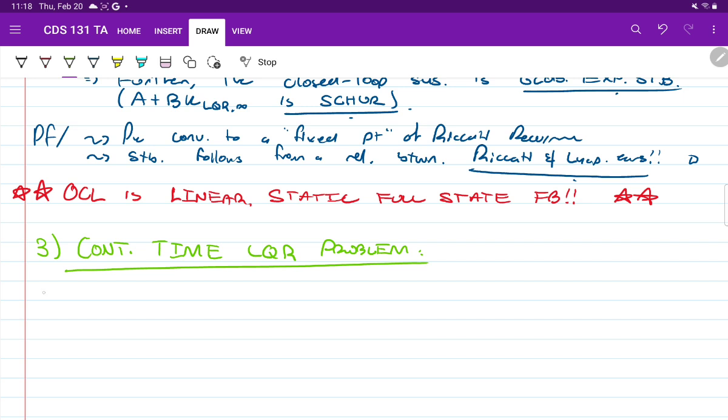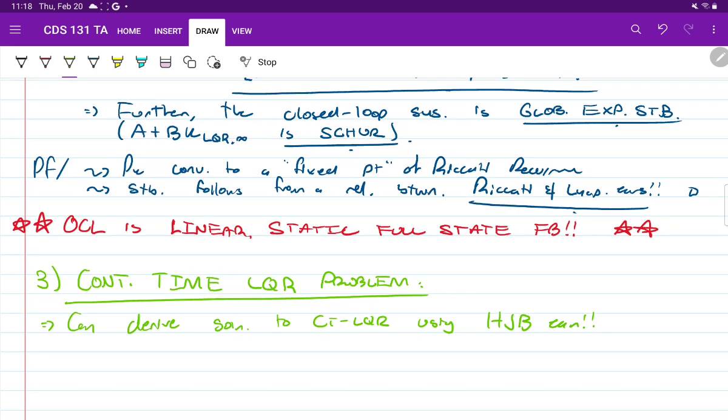It turns out you can derive a solution to the continuous time LQR using the Hamilton-Jacobi-Bellman equation, which we discussed very briefly towards the end of last time. This is the continuous time analog of dynamic programming. Now, it turns out this solution is much, much easier than the discrete time case. The algebra works out a lot nicer, and you really get some pretty nice clean solutions.